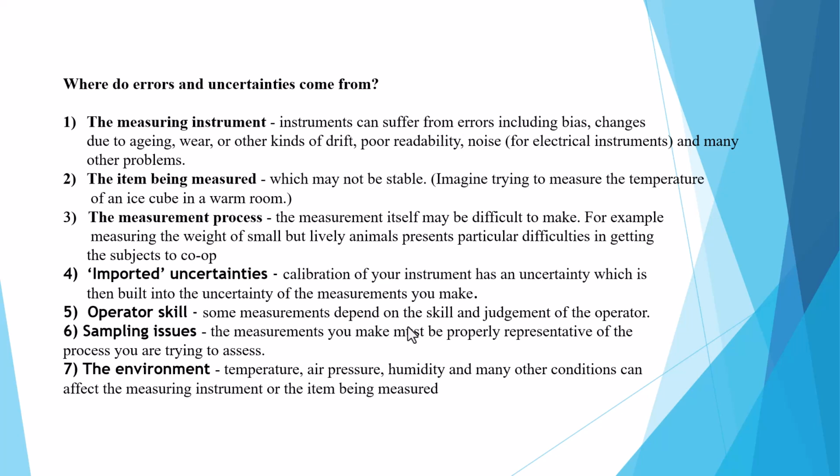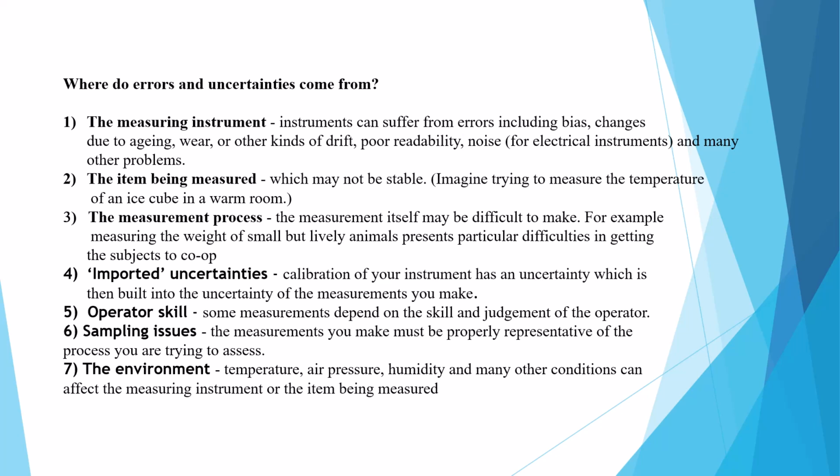So where do error and uncertainty come from? First, the measurement instrument. The measurement instrument sometimes is old, sometimes wearing, or drifting, or the reading is poor or noisy. So the measurement instrument makes it uncertain. Or the item being measured. For example, the process line is not stable. It makes the measurement uncertain.